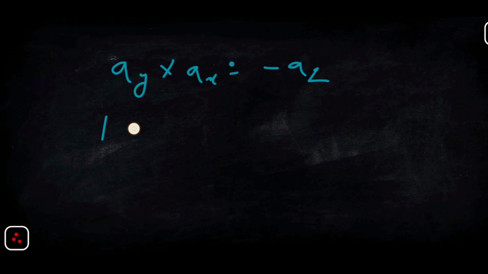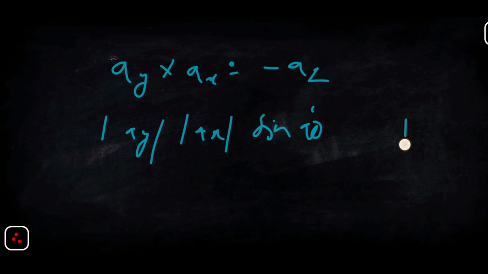How can we represent ay, magnitude of ay into magnitude of ax into sine 90 degrees, but direction will be opposite of that. Previously z axis positive, it is negative axis, hence minus az will come.